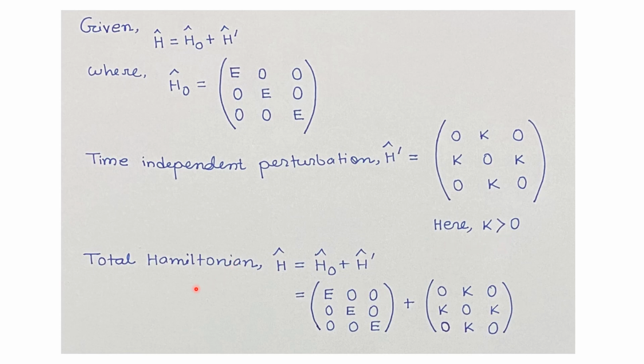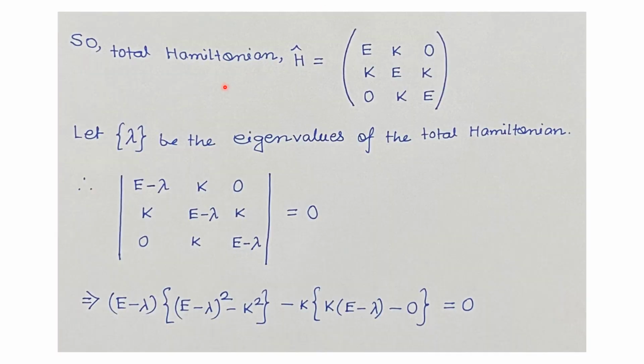So the total Hamiltonian is h naught cap plus h dash cap. If we add these two matrices, we get the total Hamiltonian h cap equals Ek0, kEk, 0kE, this 3 cross 3 matrix.